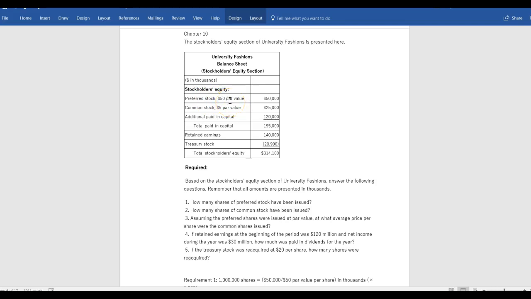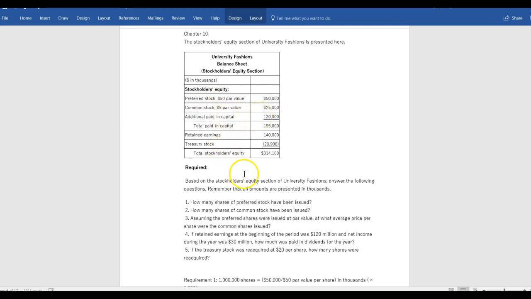We can calculate how many shares have been issued by taking the amount sitting in preferred stock divided by our par value to come up with the number of shares. We can do the same with common stock: 25,000 divided by $5 par value will give us how many shares are outstanding. Remember, anything above and beyond would go into our additional paid-in capital.